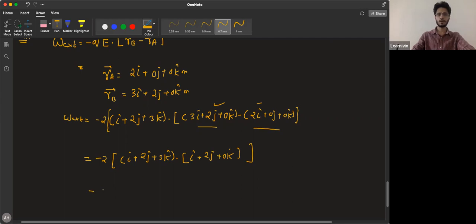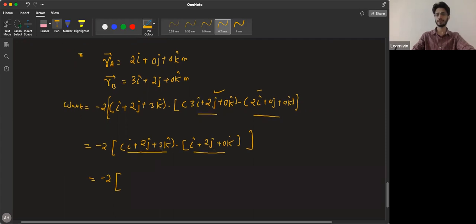Now, if I take the dot product of these terms, what will be the dot product of i cap plus 2j cap plus 3k cap and i cap plus 2j cap plus 0k cap? Just take the dot product of these two terms.